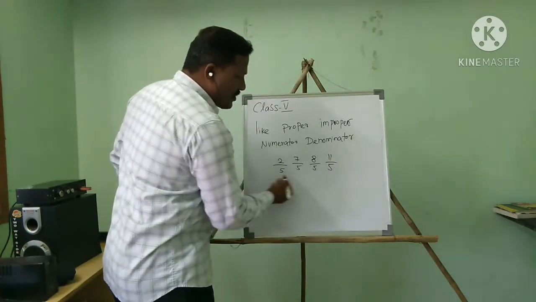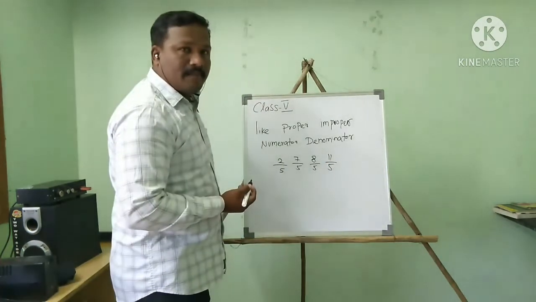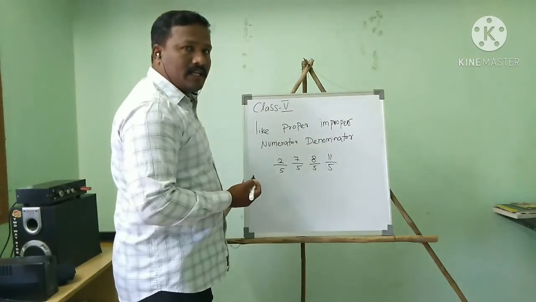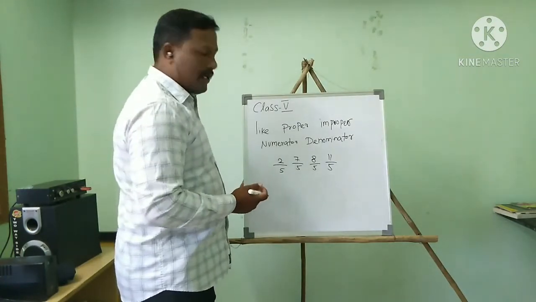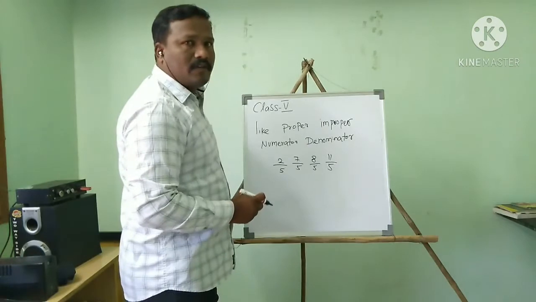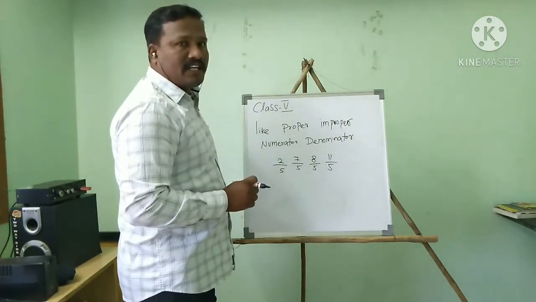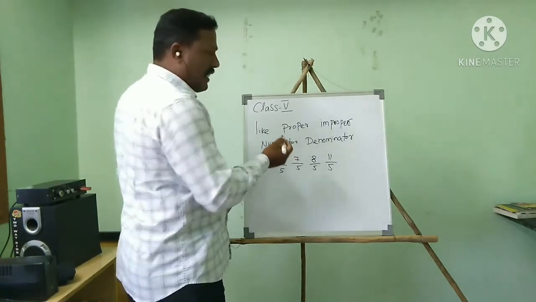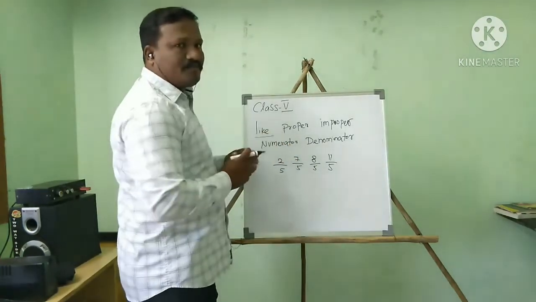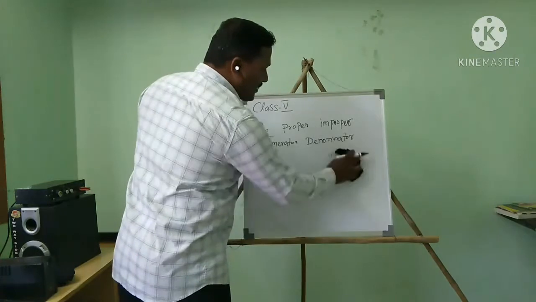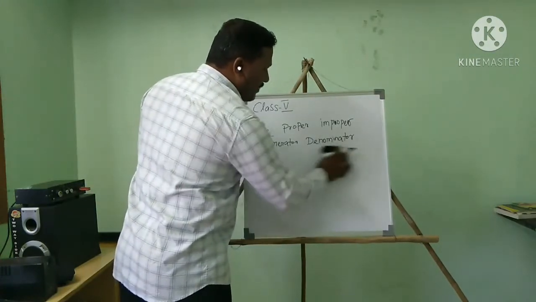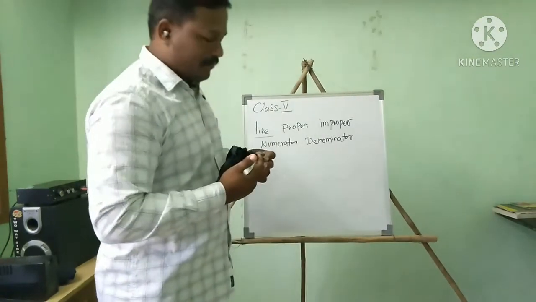Here, if you see, the denominators are all the same. In the last video I told you that fractions with the same denominator are called like fractions. So the answer to the first question is like fractions.